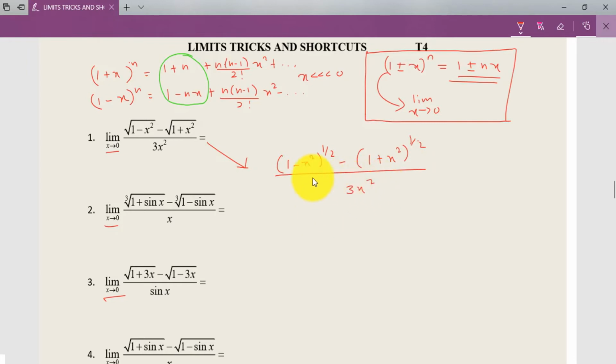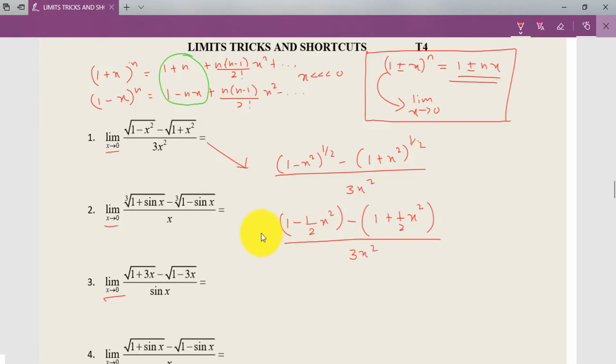Now this is of the form 1 minus x square, so what is my n? n is 1 by 2, so I write 1 minus 1 by 2 x square, and in the bracket minus 1 plus 1 by 2 x square, the whole divided by 3x square.